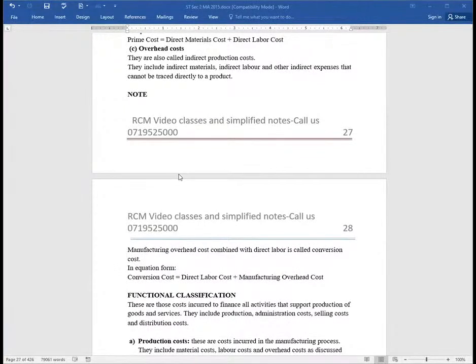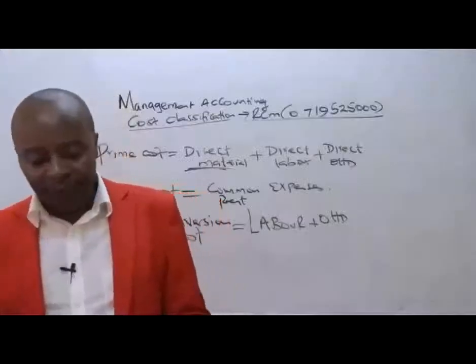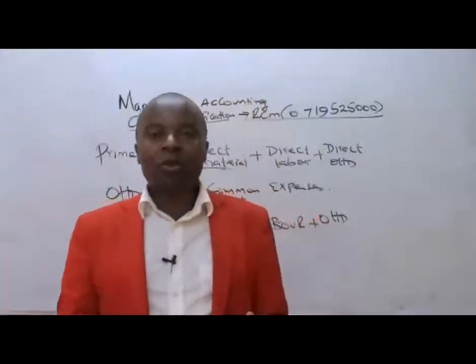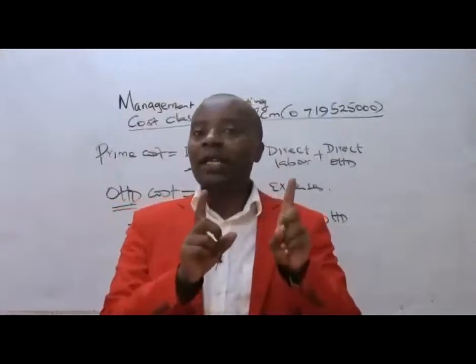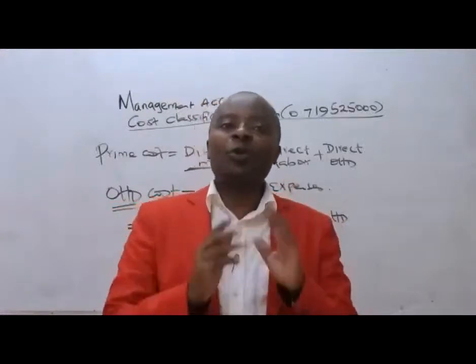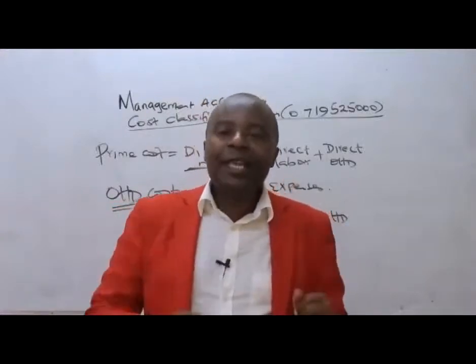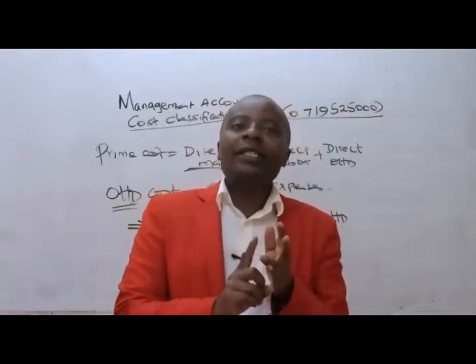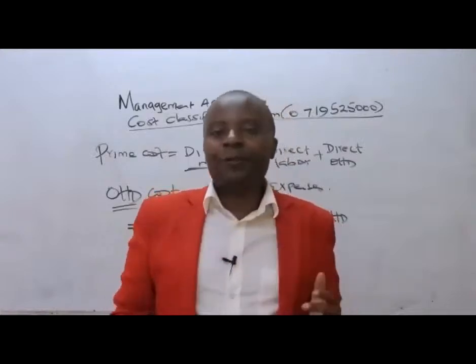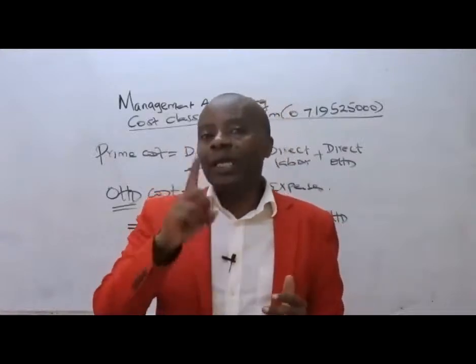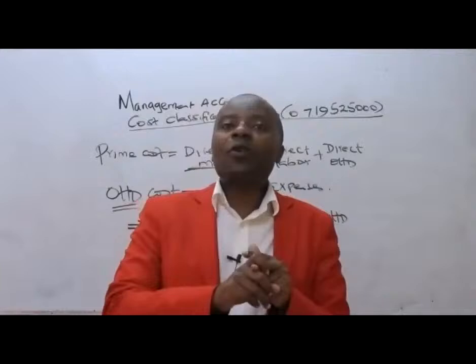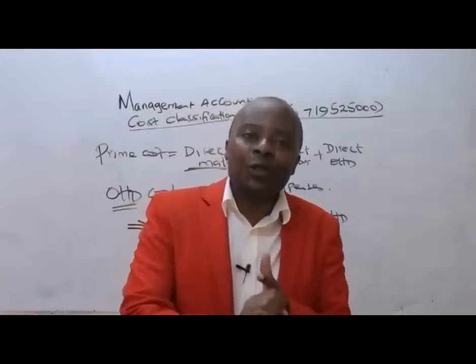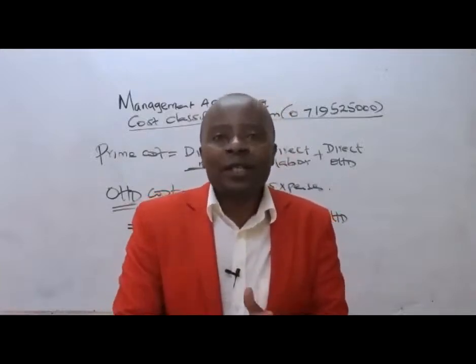We want to put this clearly again in a way that all of us should be able to understand. Manufacturing costs are those costs that are directly attributable to the units that we produce. Mostly, they are the direct labor and the direct materials.